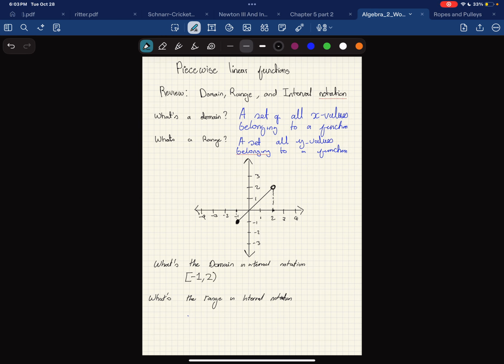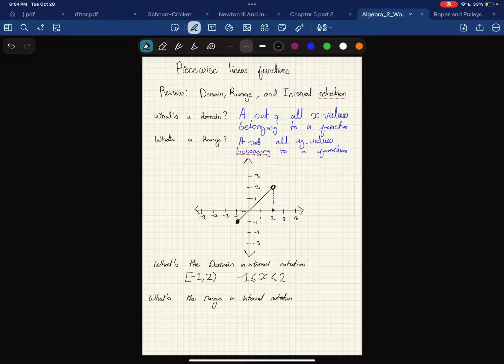And then another way I can write that is to talk about the x values. The x values will always be greater than -1, but they'll be less than 2.